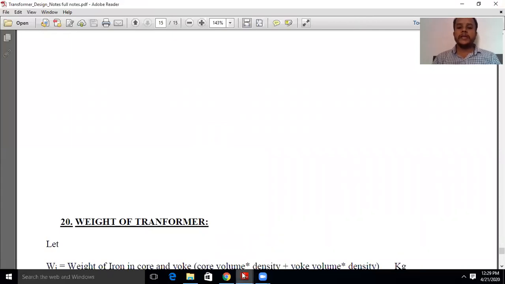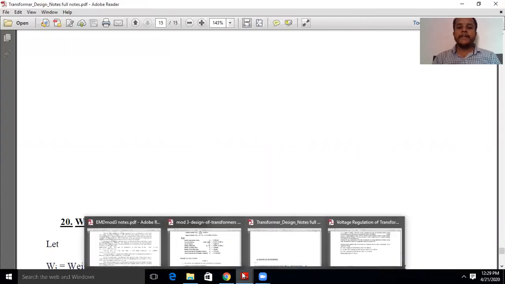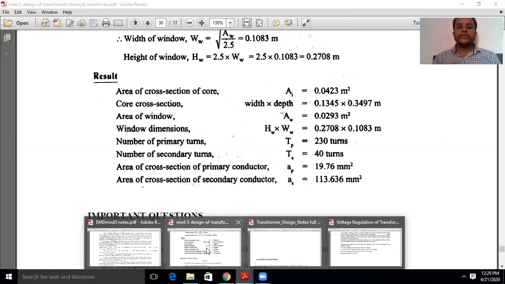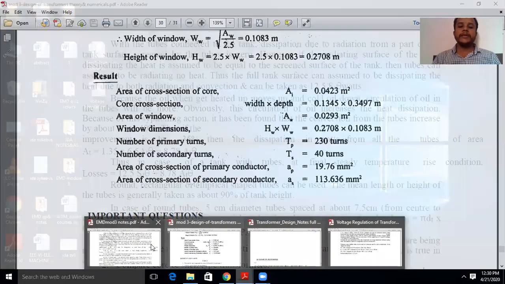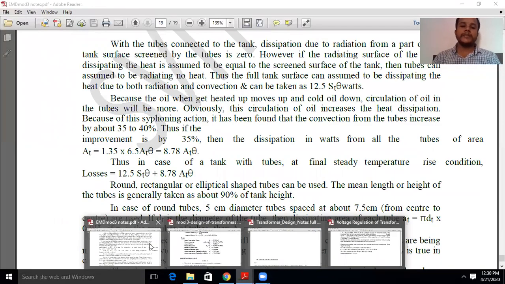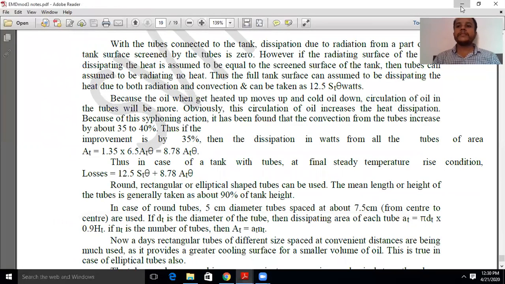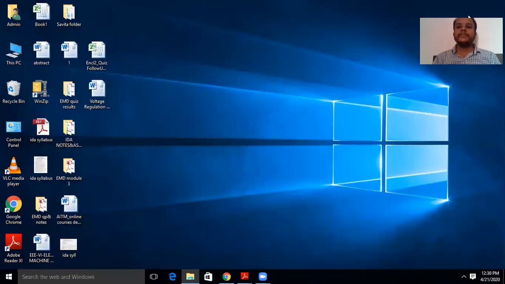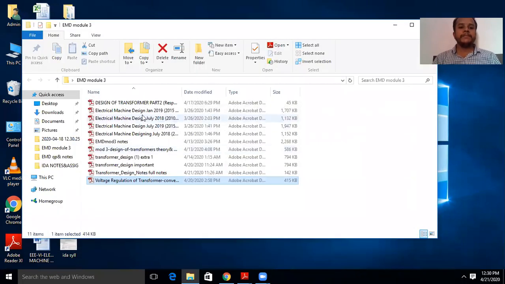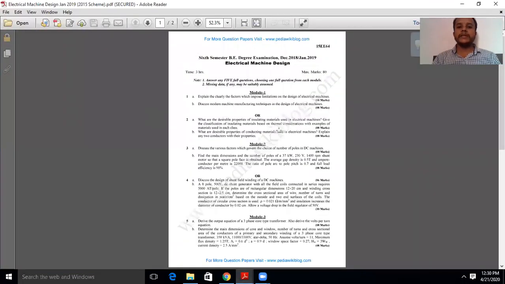So this is on the numerical. Now I will show some question papers where the numericals and then the theory questions are asked on this particular transformer. Here you can see, first question paper I will show you.